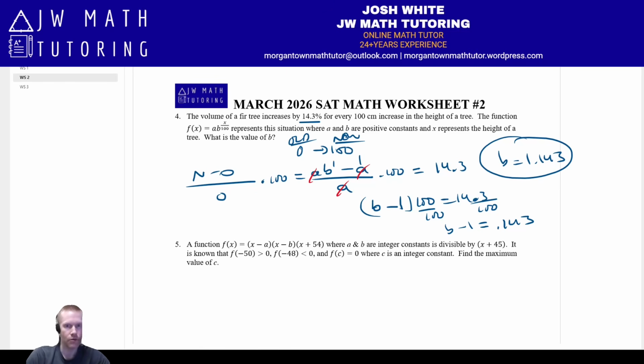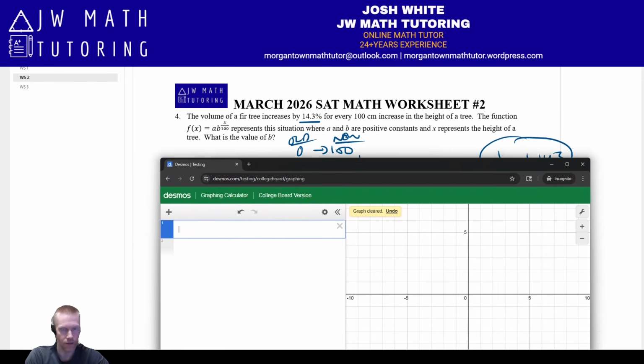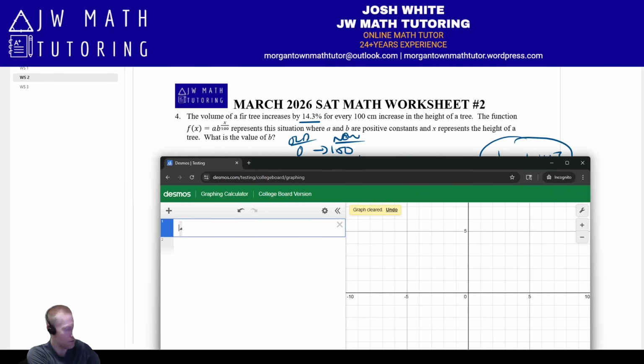Now, what you could also do is basically go to Desmos and essentially just set this thing up, but fill in the values for it. In other words, I'm going to type this function like this.